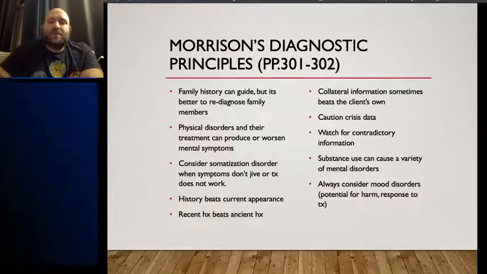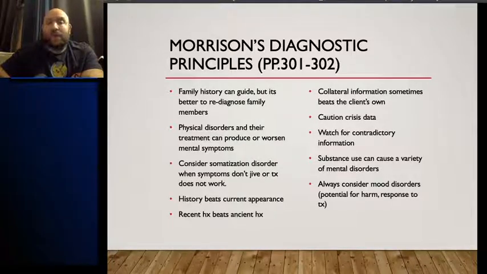So these are some basic principles. Family history, right? It helps guide and inform, but just because a family member suffered from a mental illness or had a diagnosis, it's not a foregone conclusion that your client will have it, but it is good information to have regardless. And yes, there are some disorders that have a genetic component, addiction, schizophrenia, right?